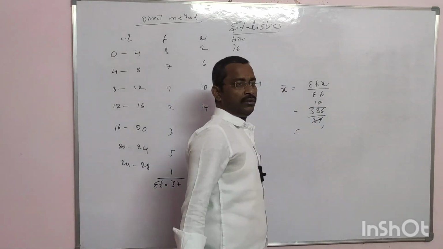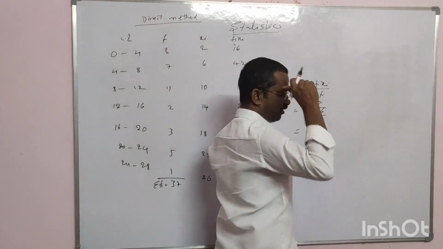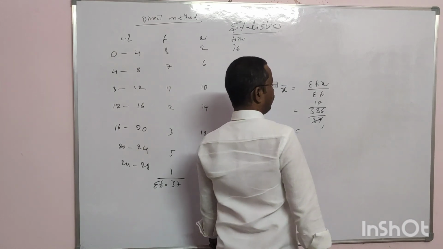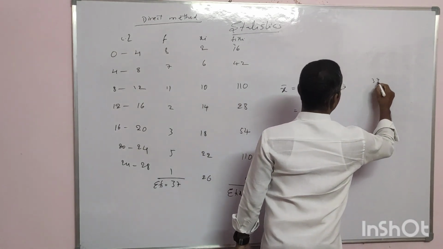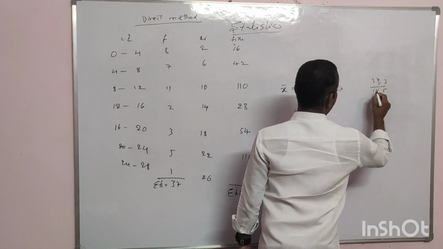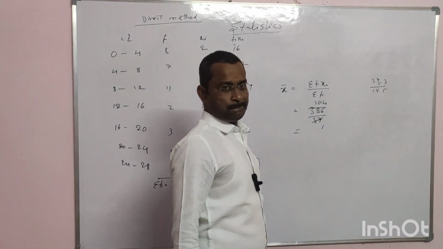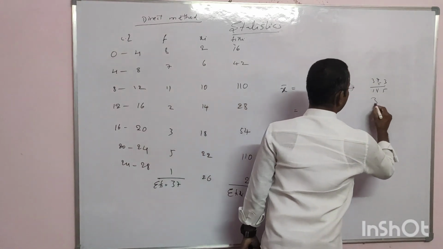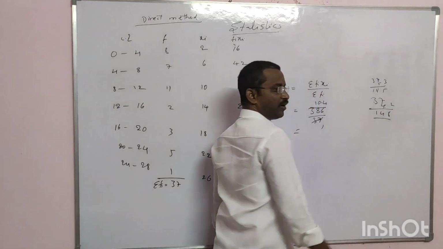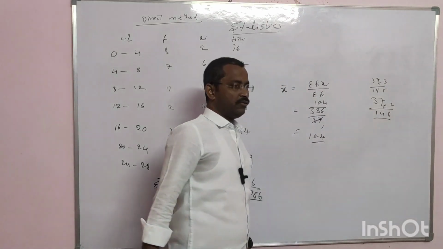Check it: 37 4s are 148, fine. So your mean is going to be 10.4.